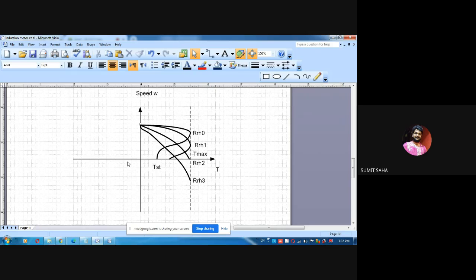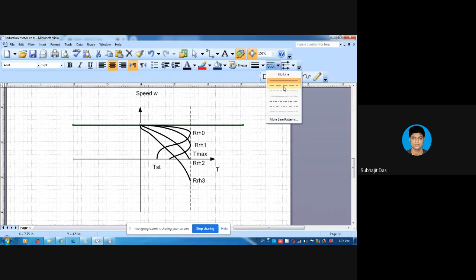So how will the speed-torque characteristic look for regenerative braking? And in the reverse direction.